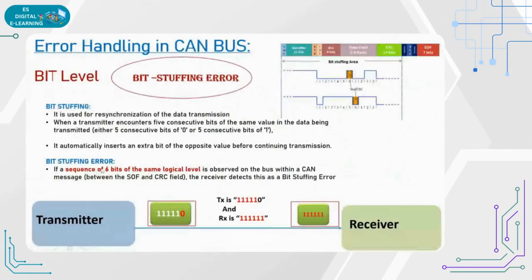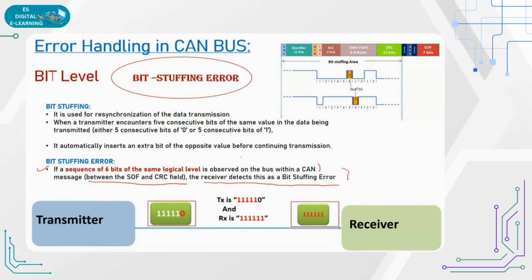Sometimes they will ask you. Okay, so you can write this down on the CAN bus. This is a very important point, an extension of this: the CAN message between start of frame and CRC field. The receiver will detect this bit stuffing error, which we already know.